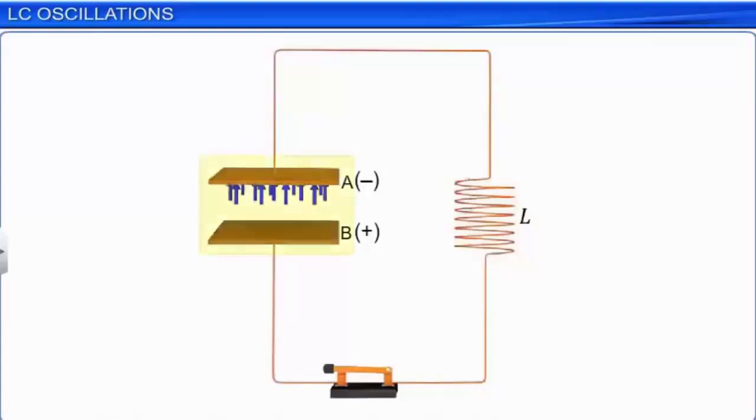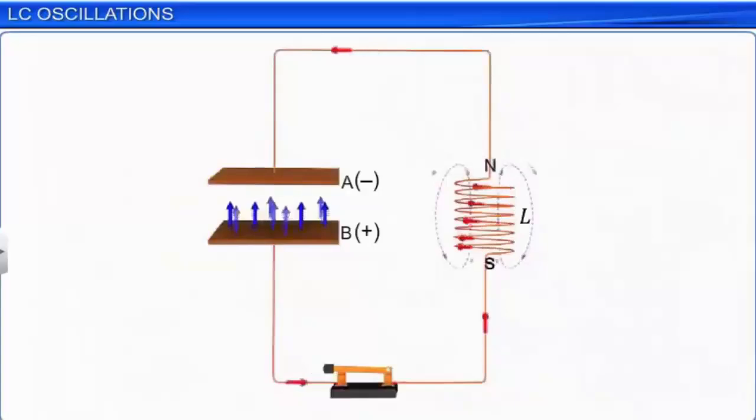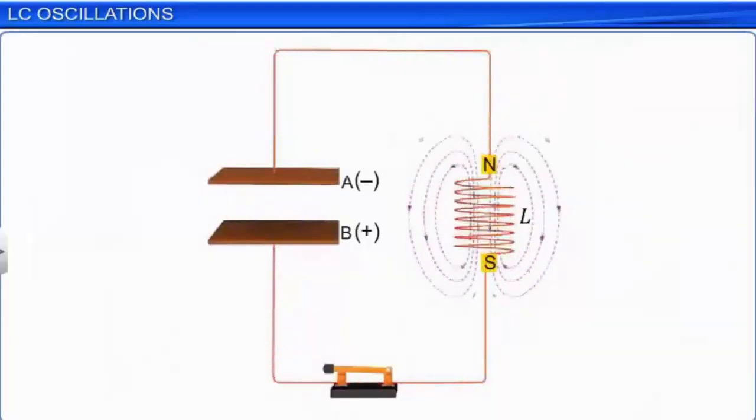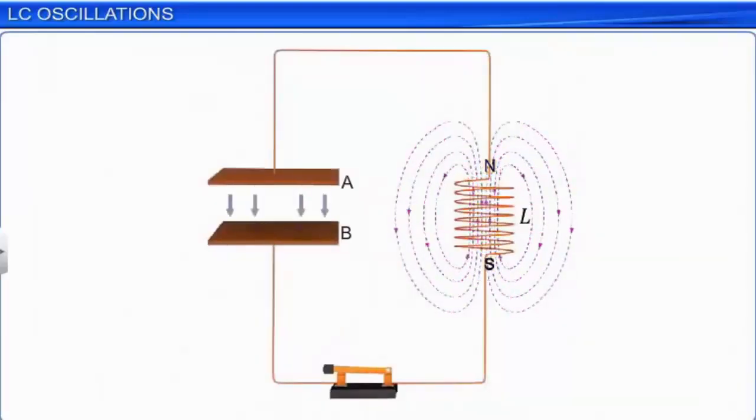The capacitor again starts discharging, but now the current in the circuit is from plate B to plate A. This builds up the magnetic field in the inductor, but this time the polarity is reversed. Gradually, the capacitor discharges fully, and the magnetic field around the conductor grows to its strongest. Again, the magnetic field around the inductor starts decreasing, this time inducing a current in the opposite direction.